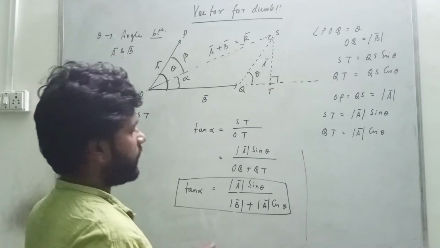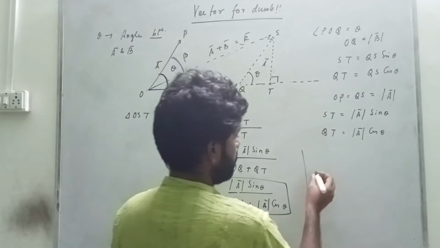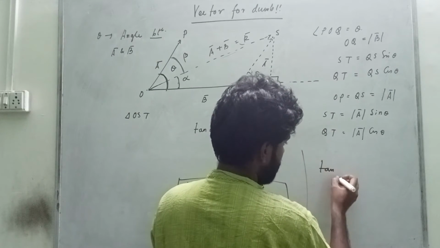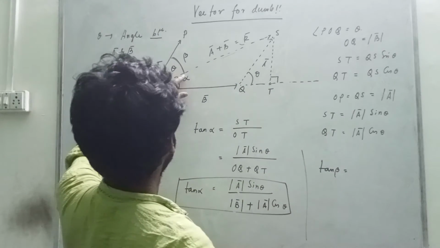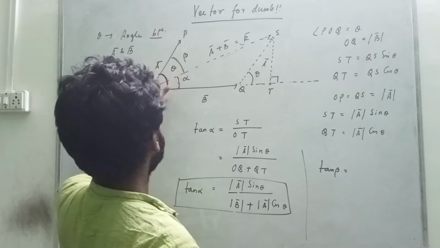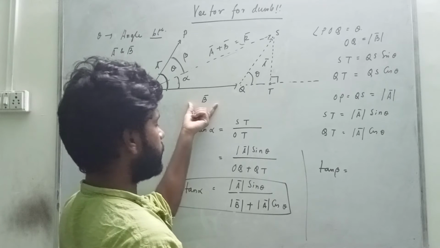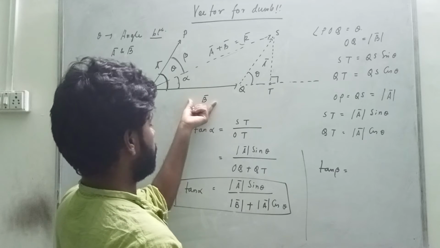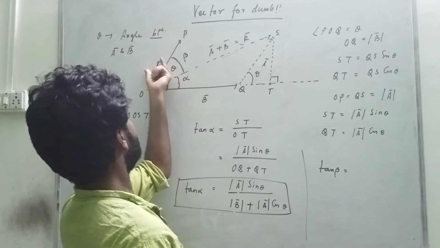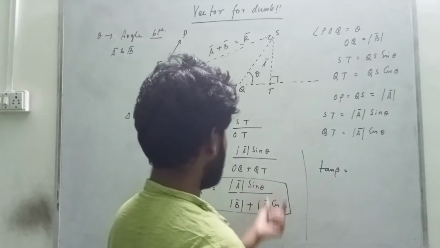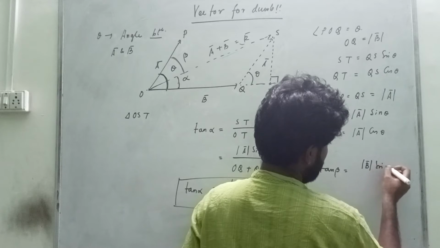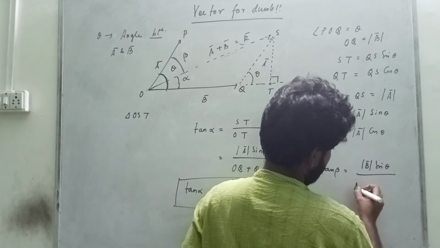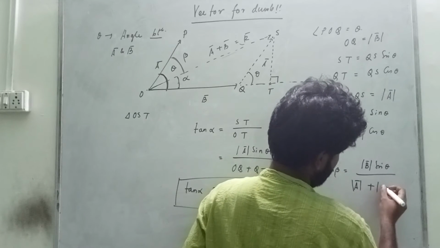So obviously by similarity we will calculate tan beta. I want to calculate the angle between A and A plus B, then A goes to null, so the angle overall is B sin theta by A plus B cos theta, right?